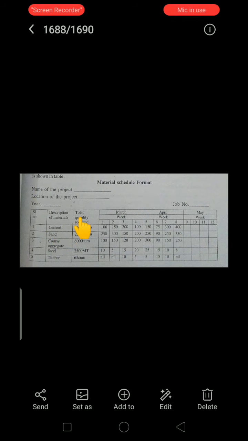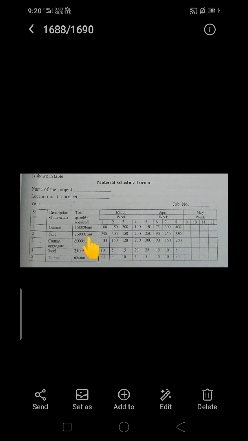The quantity required to complete the project is mentioned here: 15,000 bags of cement, measured in bags; sand 25 cubic; coarse aggregate 6,000 cubic meter; steel measured in tons, 2,500 metric tons; and timber 65 cubic meter. This is the quantity of materials required for our particular work.